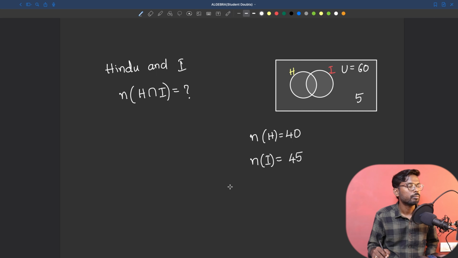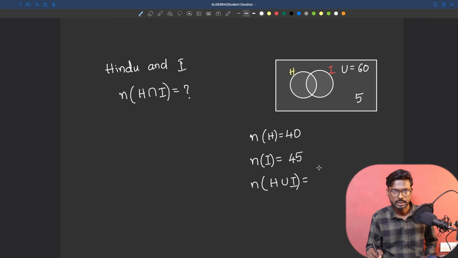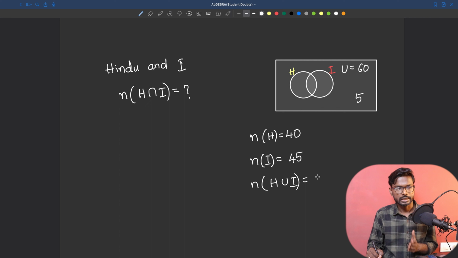Okay, so the number of people who read either Hindu newspaper or Indian Express is 60 minus 5, because 60 members are there in the class, and 5 members will not read any of the newspapers. So if you remove the people who are not at all reading any newspaper, we will get the number of people who read at least one newspaper, which means either Hindu or Indian Express.